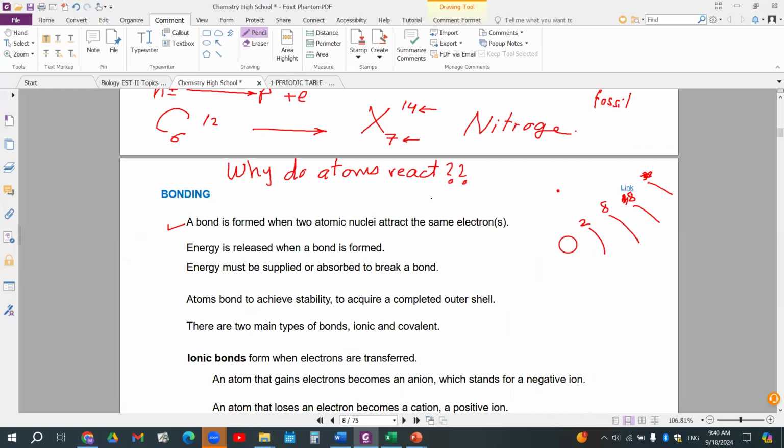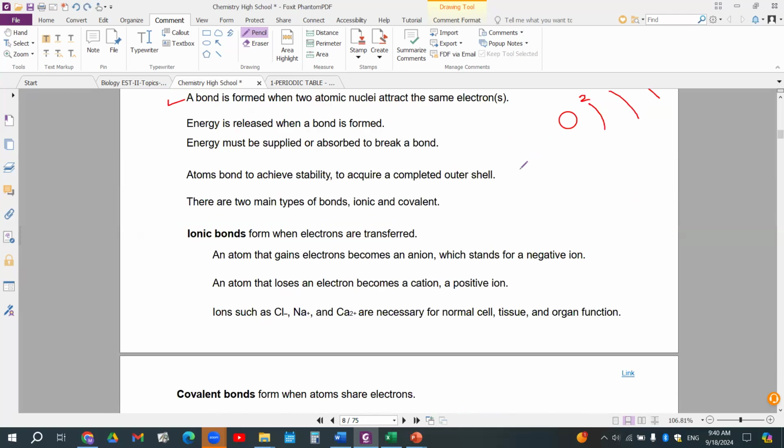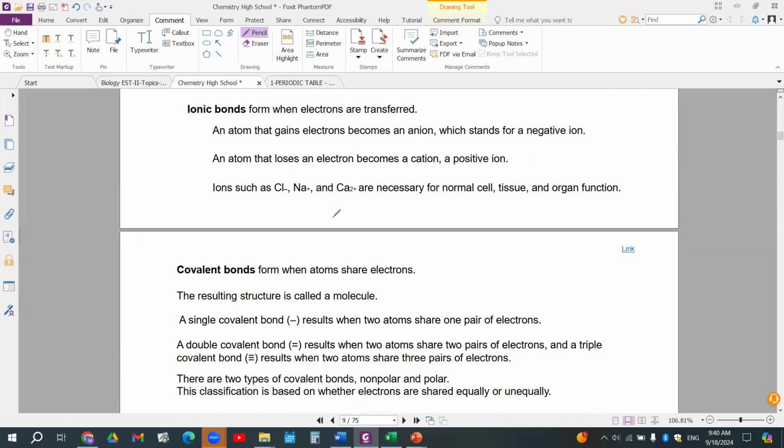To have their outermost energy shell saturated at 8, except hydrogen, and to become similar in electronic configuration to the nearest noble gas. How do they react? They either lose, gain, or share. How? Let's know.